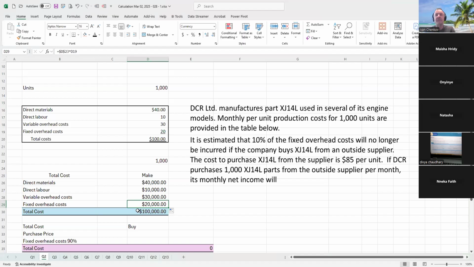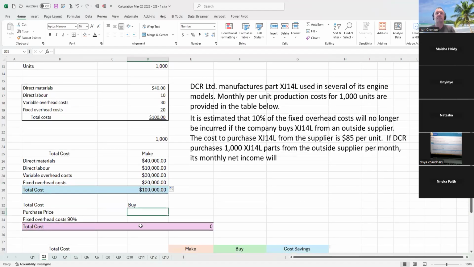Now, if we buy it from the outside supplier, we have to pay the purchase price, correct? The supplier asks for $85. Plus, we can eliminate only 10% of the fixed overhead cost. That means 90% of the fixed cost is going to stay with us, which we have to cover. So if we buy it, how much is it going to cost us? Well, obviously, 1,000 times 85.